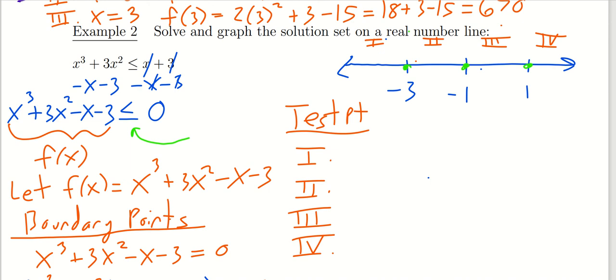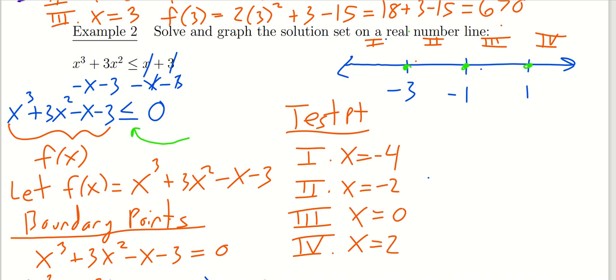In region 1, we need a number that's less than negative 3. I would probably use x equals negative 4. In region 2, it might make sense to do negative 2. In region 3, I'll use x equals 0, because that's available. And in region 4, I'm going to use x equals 2.